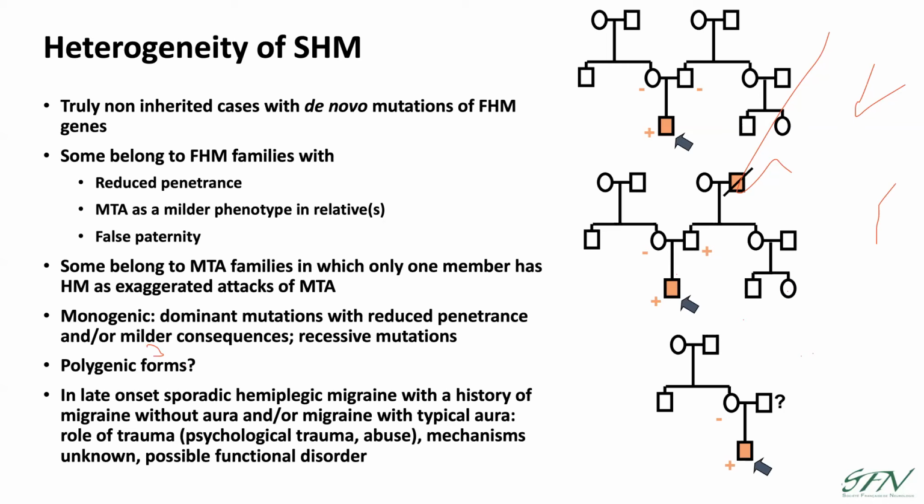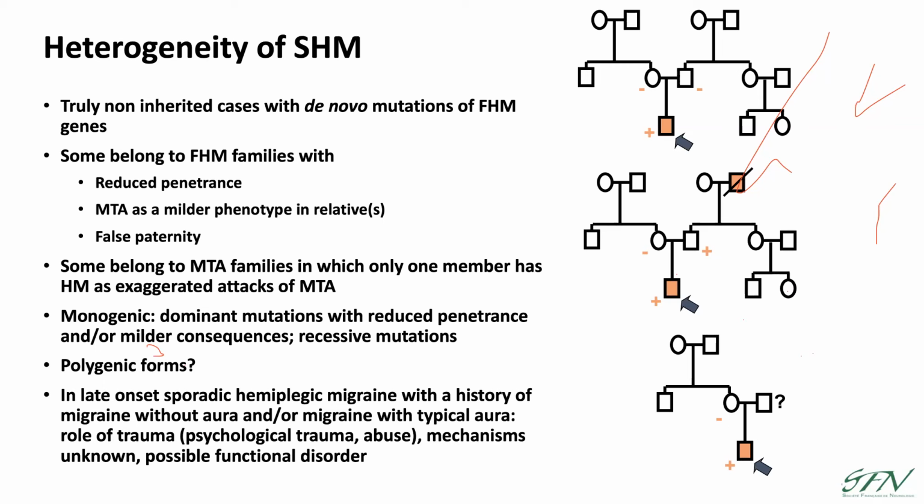And later in their life, they develop attacks of familial hemiplegic migraine, sporadic hemiplegic migraine. And this has been studied in veterans, US veterans after the Iraq war.